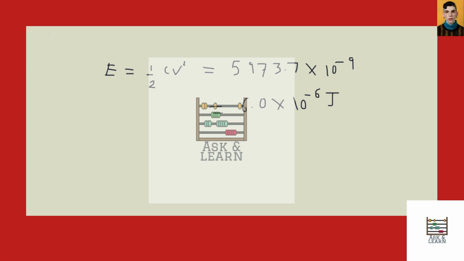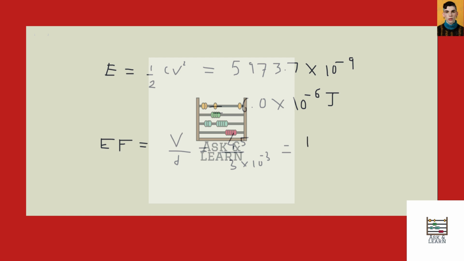This is energy stored. Now, there is a part which also asks you to find the electric field. Now, electric field, let me write it as E equals V divided by D. So the potential difference is 45, distance is 3 millimeters.